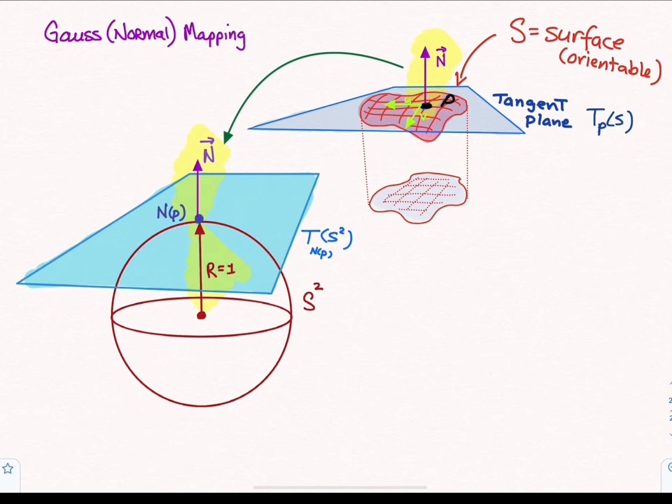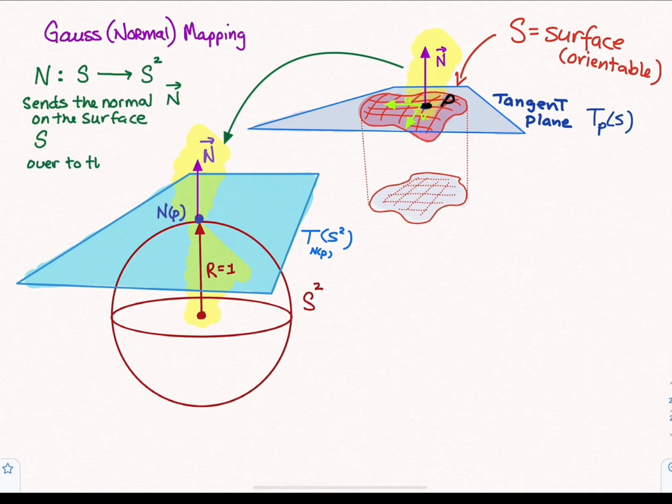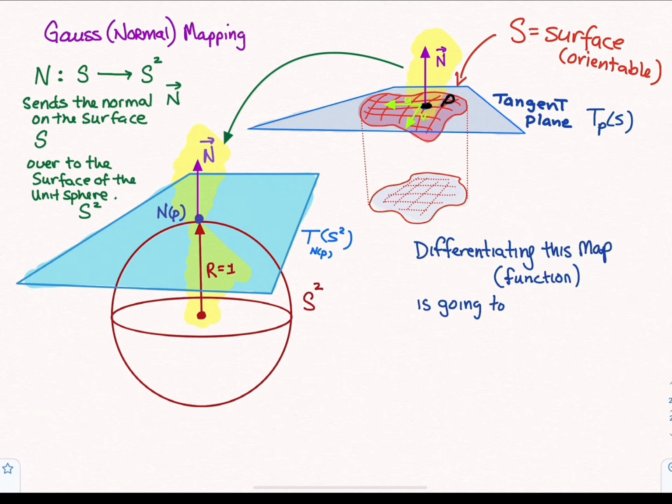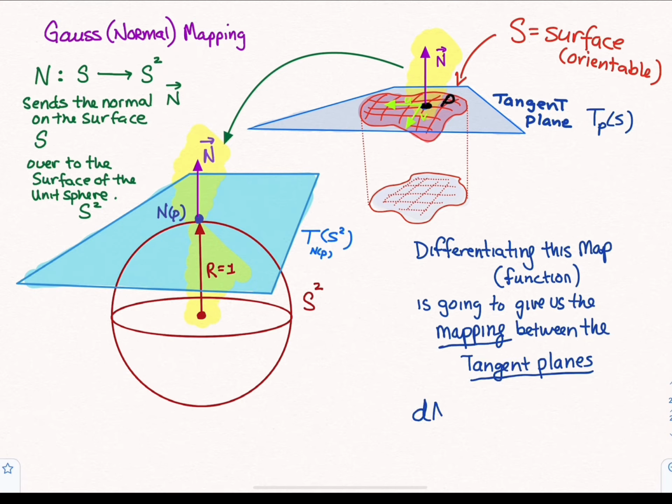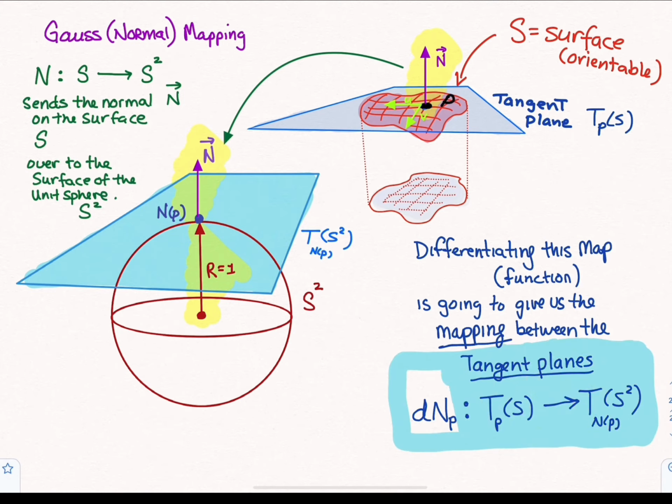So when we take the normal vector from a surface, any surface, that lives on the tangent plane, and we map it over to the tangent plane that lives on the unit sphere, we get the normal or Gauss mapping. Now, what's really critical here is that if we differentiate this map, that is, we apply a little calculus and take the derivative of this mapping, this function, it creates a 1-to-1 correspondence.